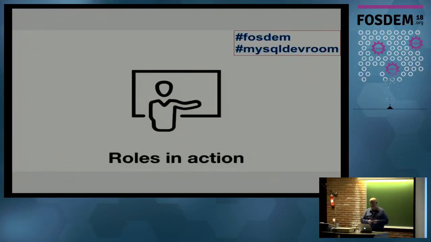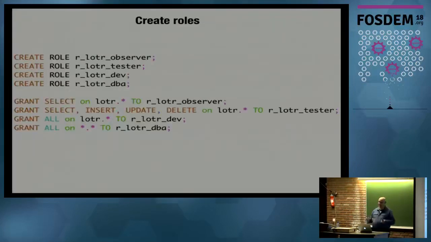So, the roles in action. Let's suppose that we wanted to deal with the Lord of the Rings world using roles. So I have a role that is observer, another that is tester, another that is developer and DBA.